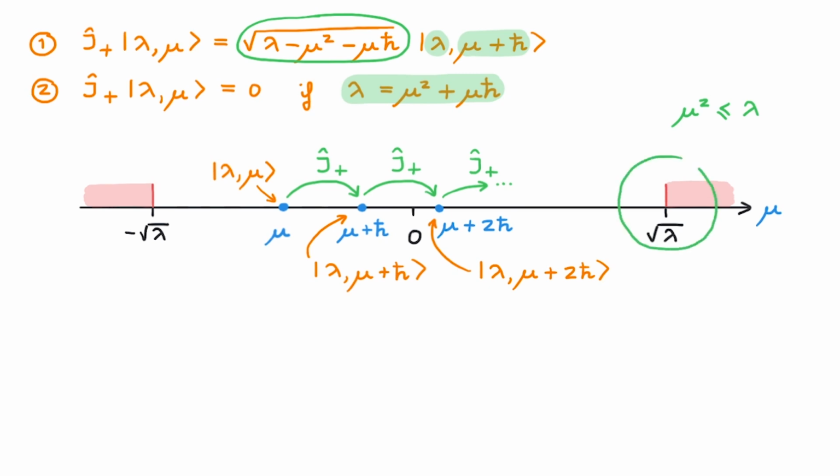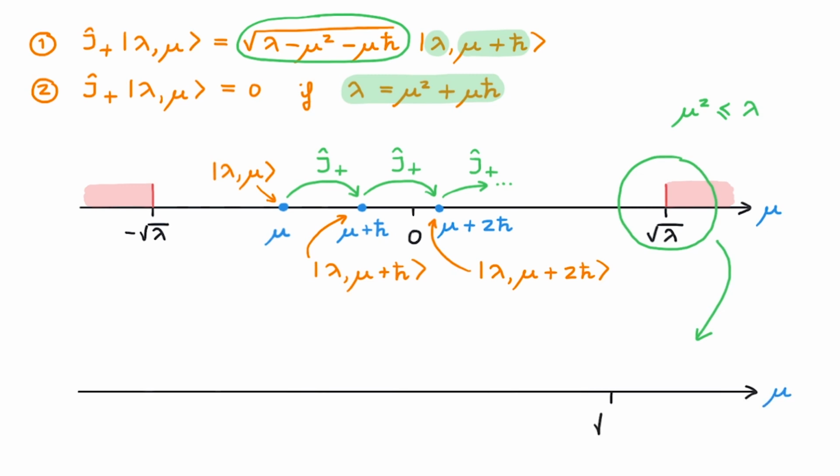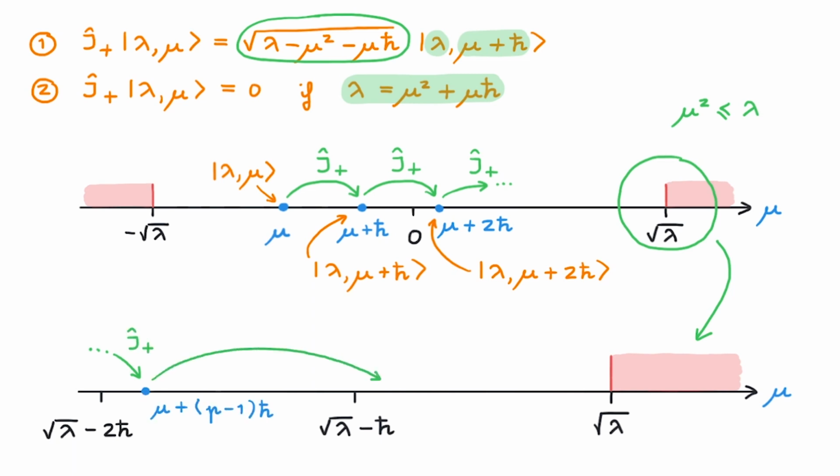Let's zoom into this region near the square root of lambda. We can draw the real axis again in this zoomed in region. And let's also draw the points square root of lambda minus h bar and square root of lambda minus 2h bar. Let's imagine that we've been applying the j plus operator sequentially, and after applying it p minus 1 times, we land here. And we can then apply it again.